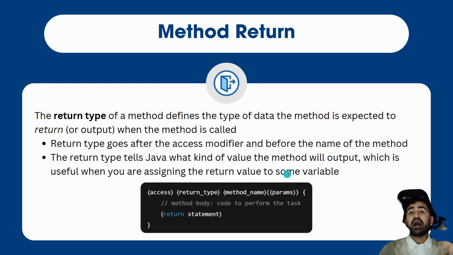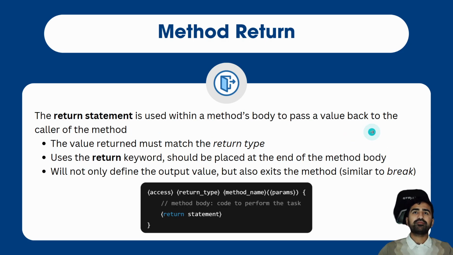That's a method outputting something. It's returning something that you can assign to a variable. So that's the return type. That goes after access, before the method name. If you want the method to output something, you have to define that in the return type.